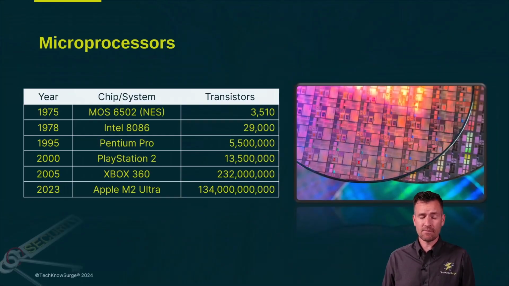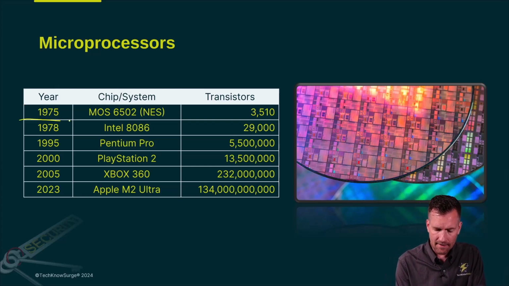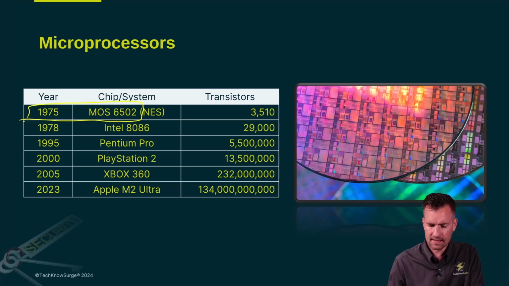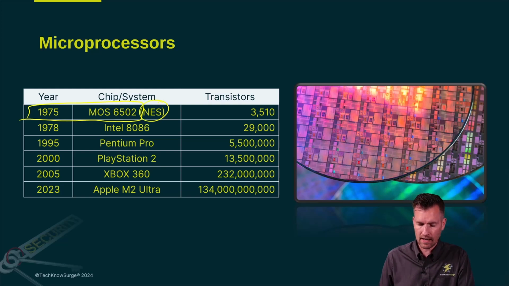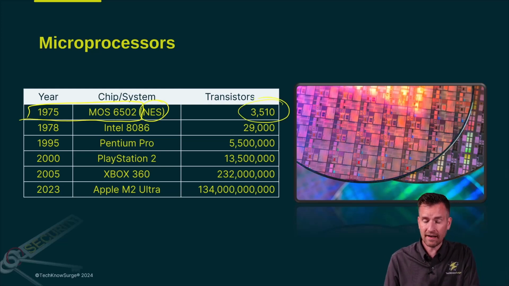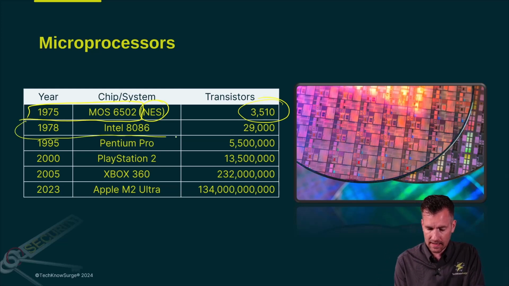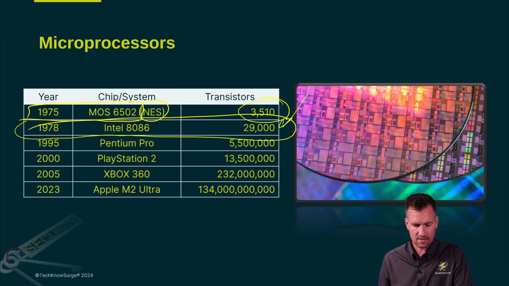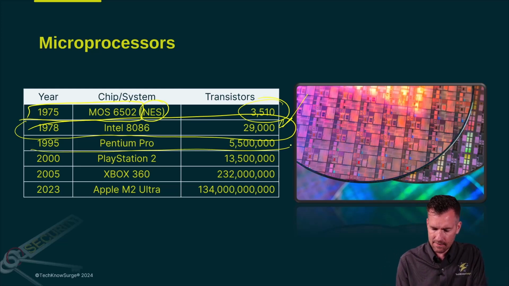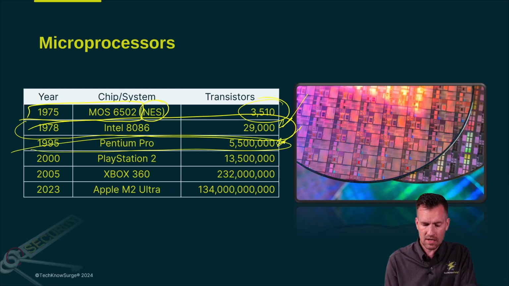And to see how we have progressed, in 1975 they came out with the MOS 6502, which was used in the Nintendo Entertainment System when it came out. It has over 3,500 transistors in it. Then in 1978, the Intel 8086 came out with 29,000 transistors. In 1995, we got the Pentium with 5.5 million.